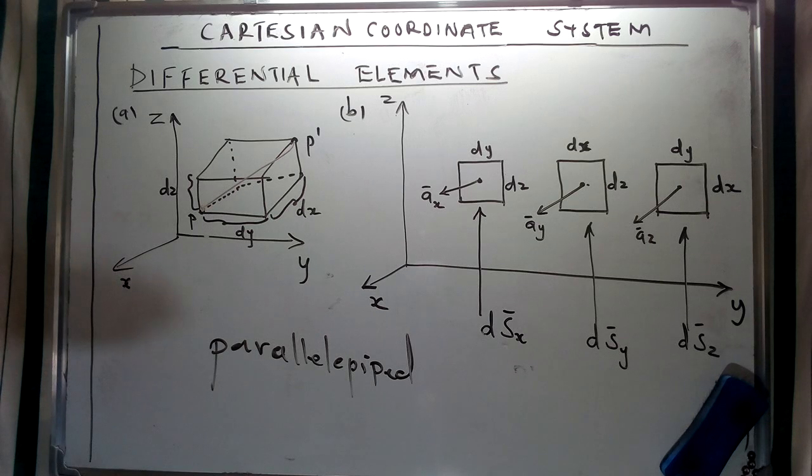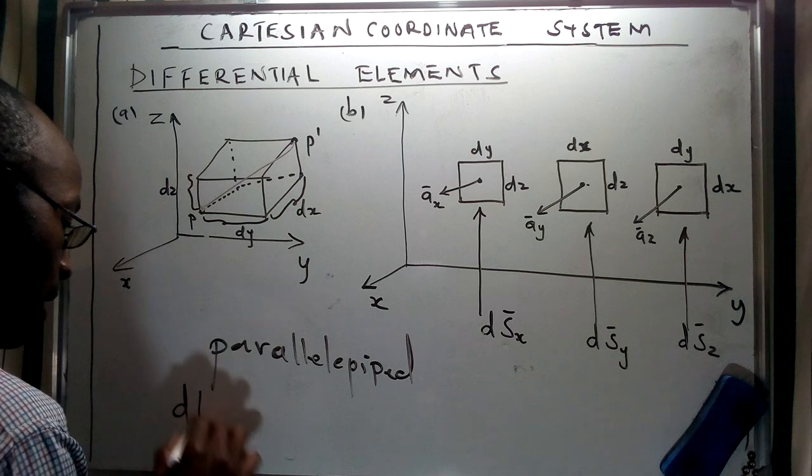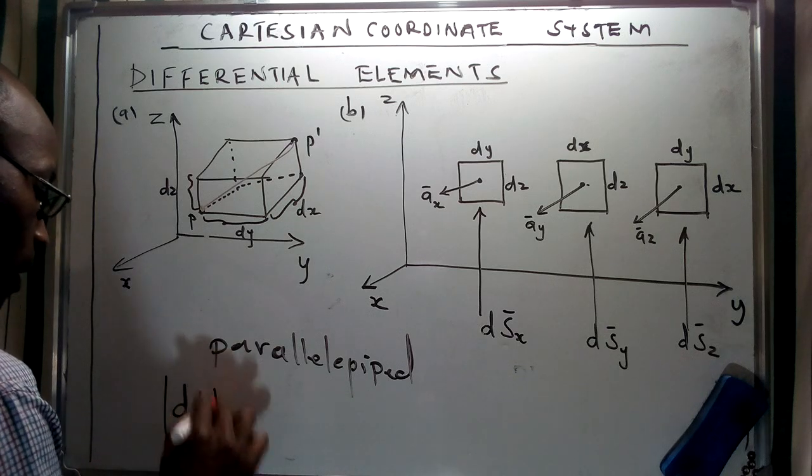So we can define the distance from P to P prime by giving it as the magnitude of the dl that I've given.